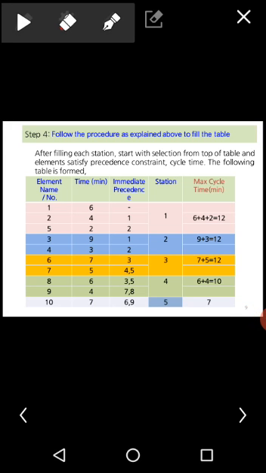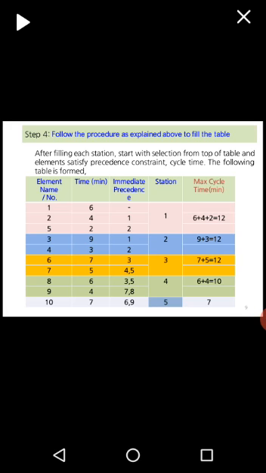And finally we are left with only one element, that is the 10th element, and its time is 7 minutes and its immediate precedence is 6, 5, and we can call this station number 5, and its time is 7. Here we got 5 stations. Station 1 has elements 1, 2, 5.